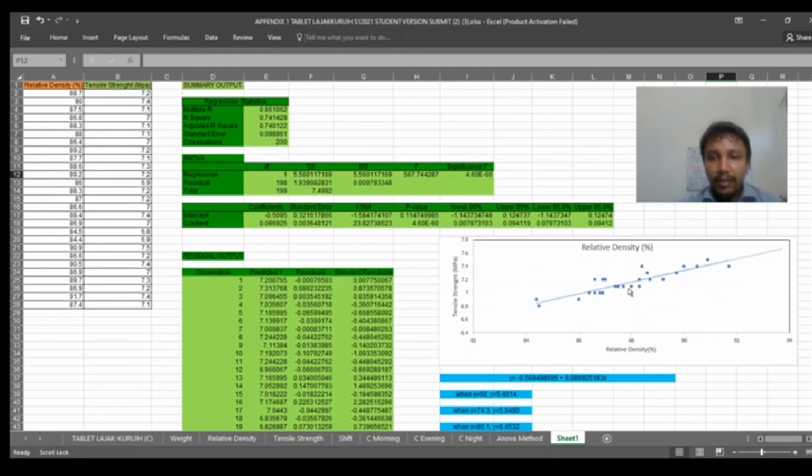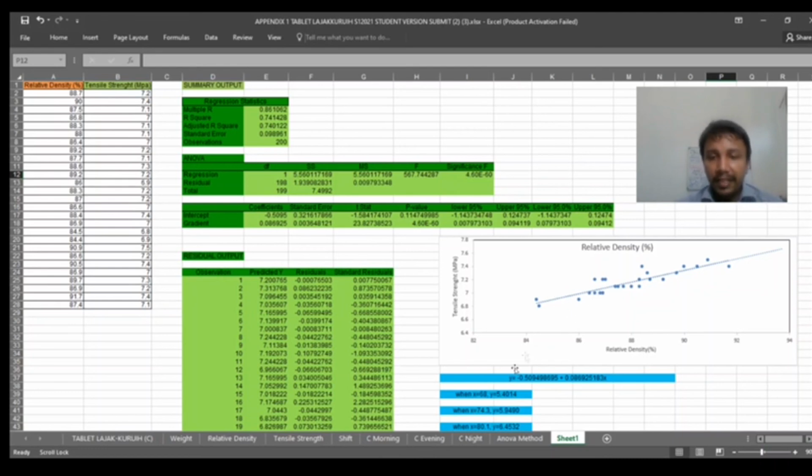After plotting the values of relative density and tensile strength, we can see a trending line. So we get the equation of this trending line.